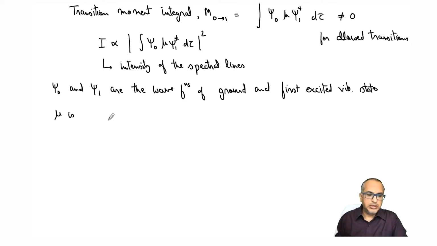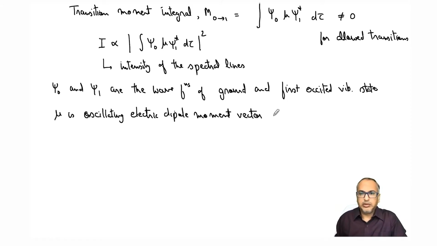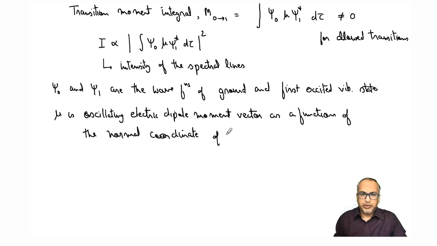Again we have seen this earlier, mu is the oscillating electric dipole moment vector as a function of the normal coordinate of the normal mode. So what is the normal coordinate of the normal mode? Let us also look at that.